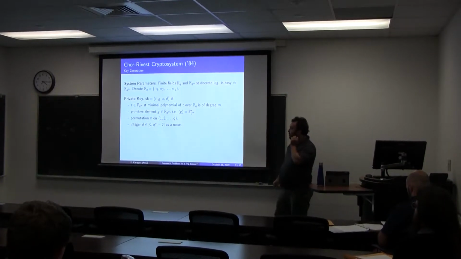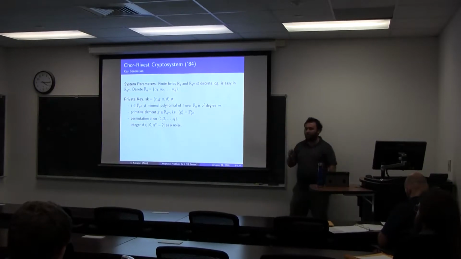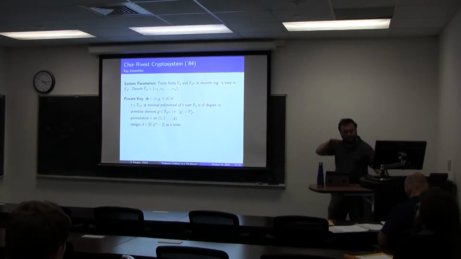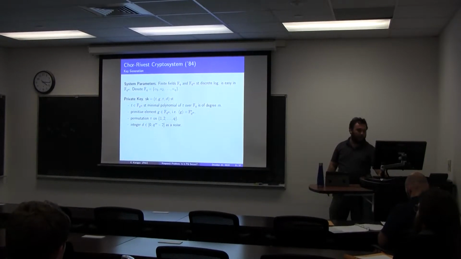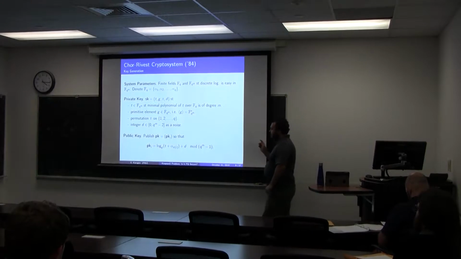You choose a primitive element g generating FQM star. You choose a permutation of 1 to q, and then you choose an integer d as noise. We will use this d as a noise, as a shift on the public key. This is how the public key is computed.